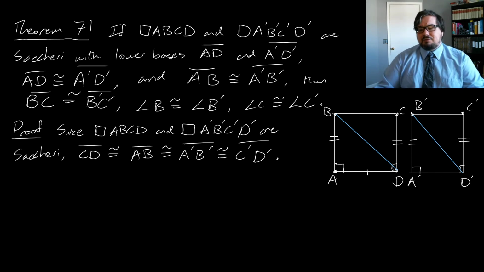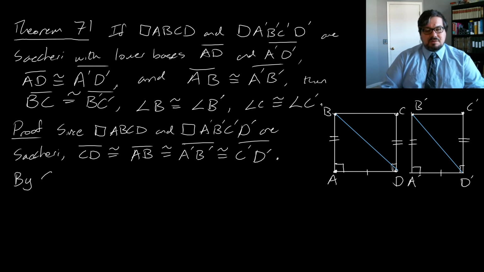Now notice that the triangles ABD and A prime B prime D prime have a congruent pair of angles, the right angle there, and they have congruent legs. AB is congruent to A prime B prime, AD is congruent to A prime D prime, and therefore we can use side angle side. So by side angle side, triangle ABD is congruent to triangle A prime B prime D prime.